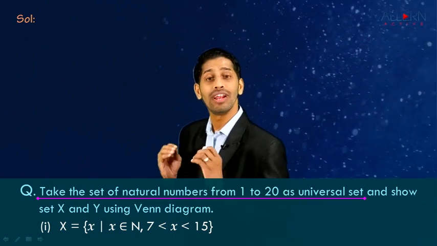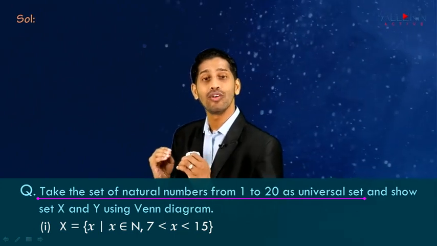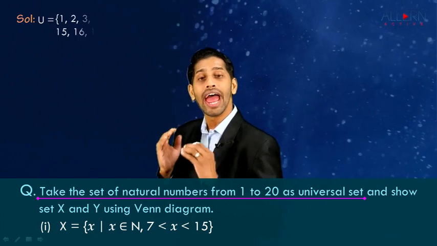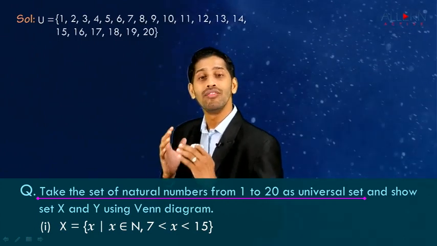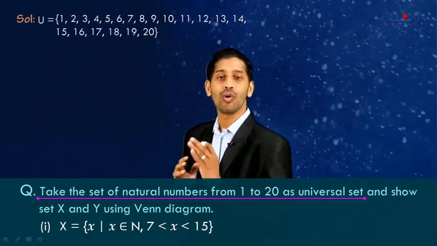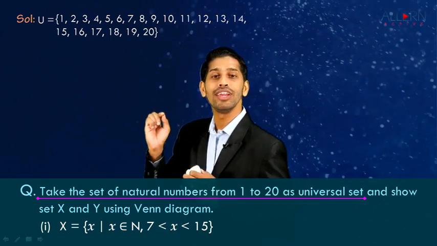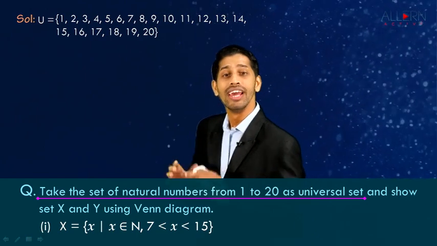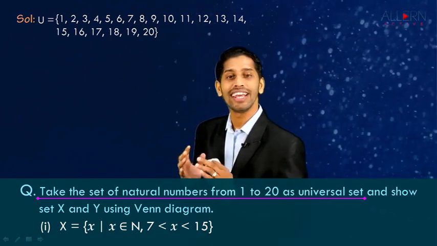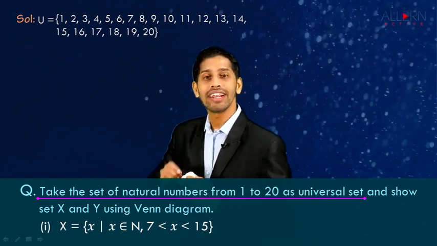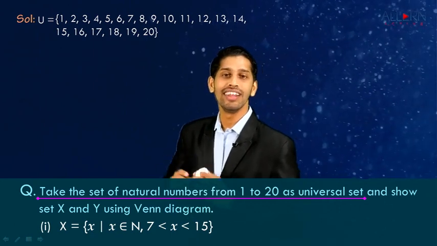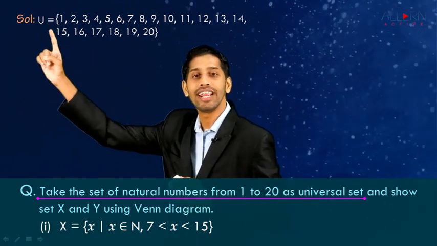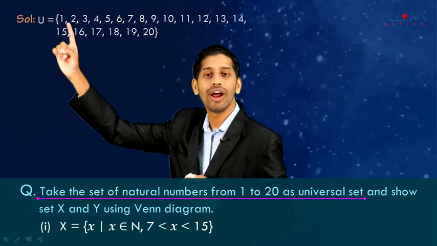So first of all we'll write the universal set denoted by capital U, and in that set U we will write all the natural numbers from 1 to 20, that is 1, 2, 3, 4, 5, 6, 7, 8, 9, 10, 11, 12, 13, 14, 15, 16, 17, 18, 19, 20, separated by commas, written in a curly bracket. So this is what we have written, set U, all the elements from 1 to 20.